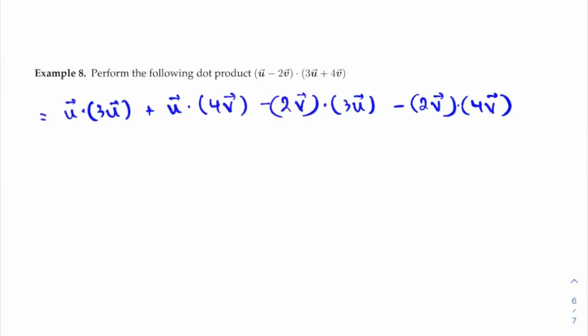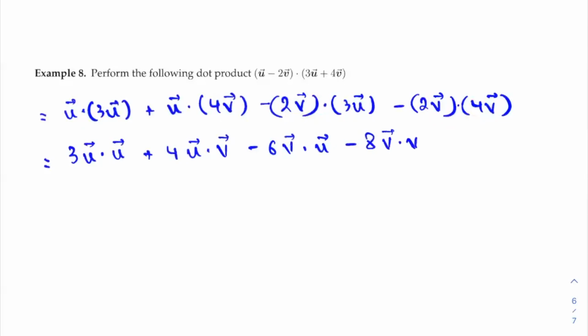After the distribution, u dot with 3u is equivalent to 3 times u dot with itself. I just pull out the scalar in front. Similarly, I pull out the 4 and get 4 times u dot with v. On the third term, 2 times 3 is 6 with a negative in front, so negative 6 times v dot with u. For the last term, 2 times 4 is 8, and then you have v dot with itself.